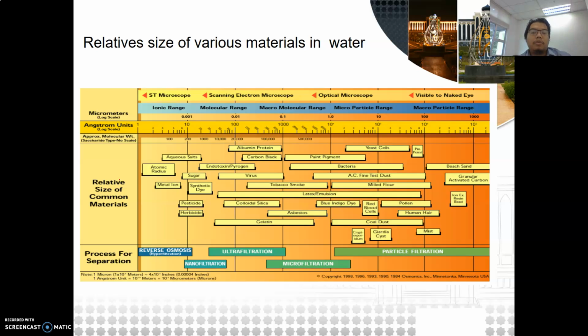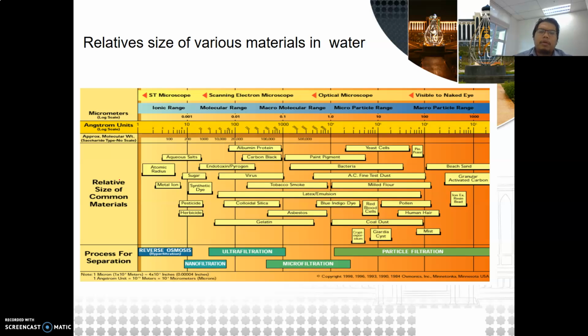We can choose the right membrane for our separation process. Depending on the objective, either we need to use ultrafiltration, or we need to use a reverse osmosis technique, or it is just okay with microfiltration. It depends on our objective.